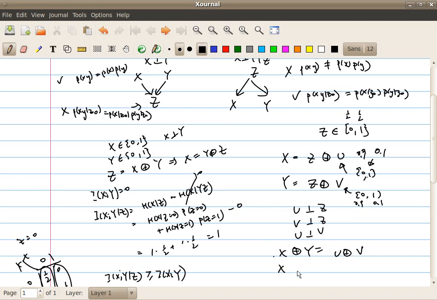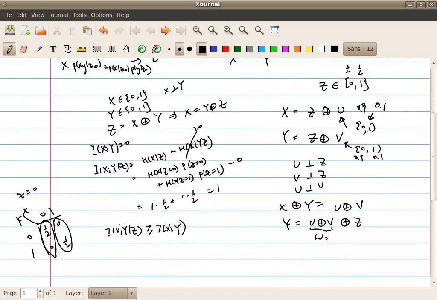And so therefore I can write x, because I just add this and this, and z gets cancelled because these are all piecewise additions. So I can write y, and I can add x here also. It's equal to u plus v plus z. So u plus v, I can think of as another variable. Let's call it w. And what's the probability of w to be 0?